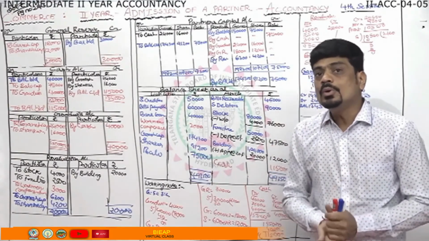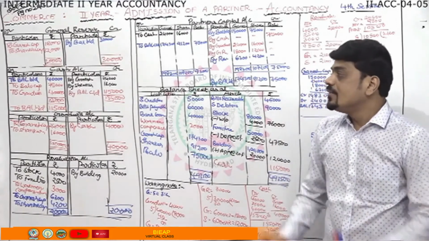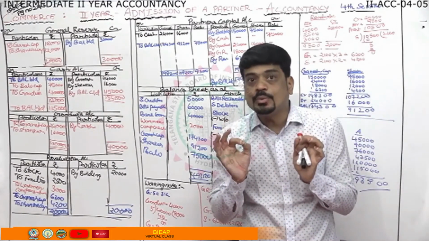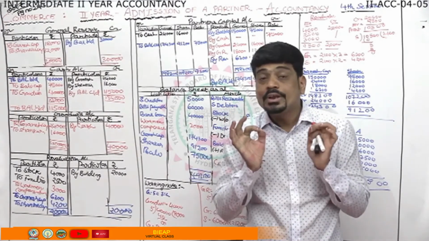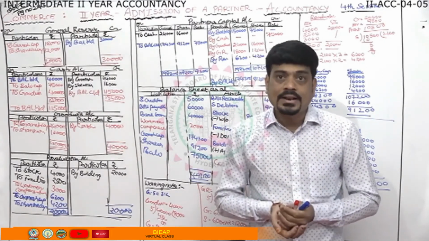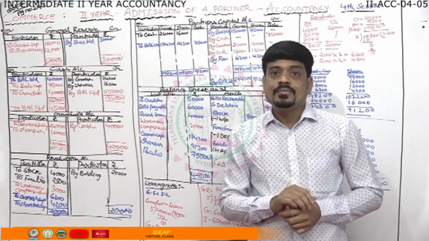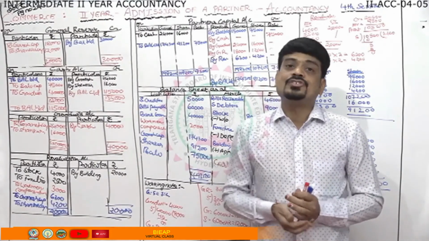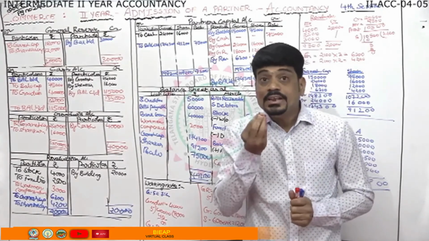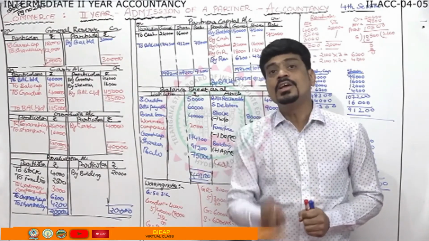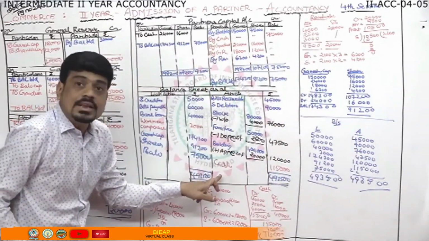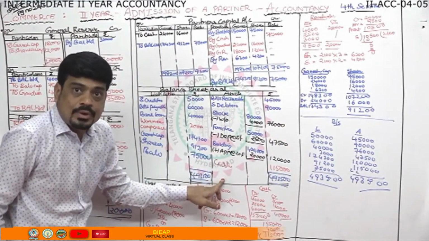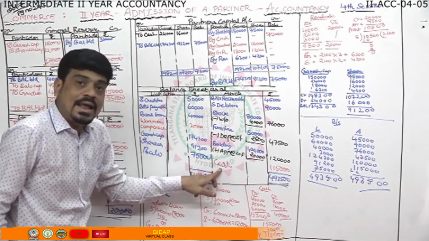So what we'll do? That valued goodwill will be just distributed among the old partners. One effect. It should be distributed among old partners. And second, as it is an intangible asset, dear, we are going to show that goodwill in the balance sheet.